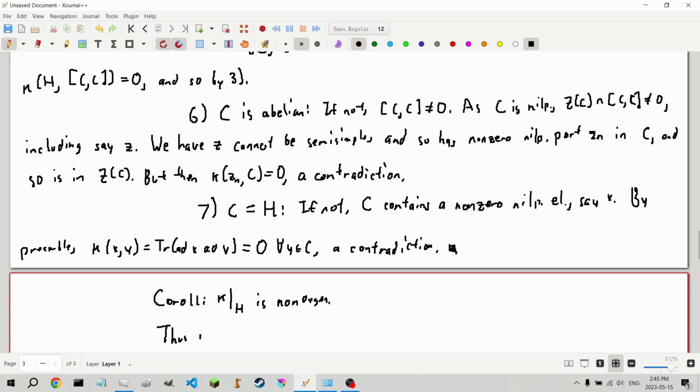Thus, we can identify a toral subalgebra with its dual space.